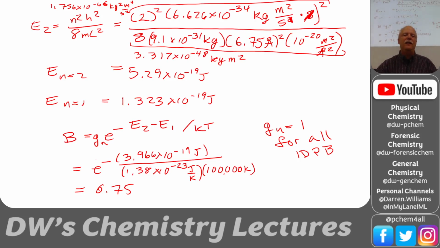Now, you could simplify this a little bit by multiplying this number by Avogadro's number, 6.022 times 10 to the 23rd per mole.